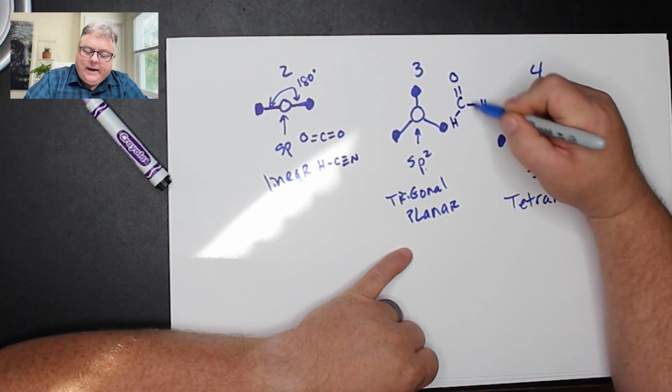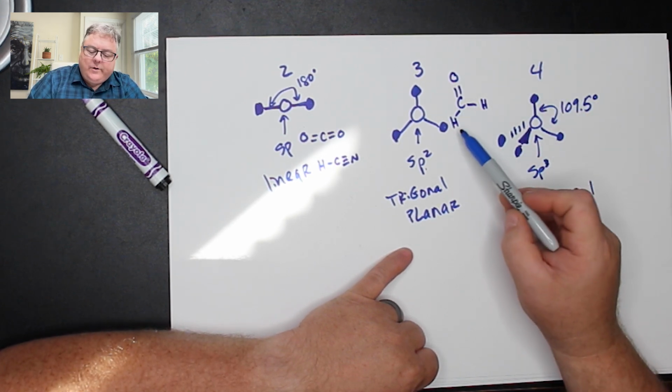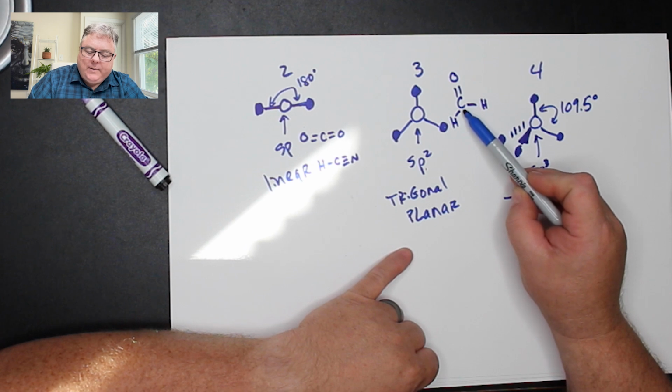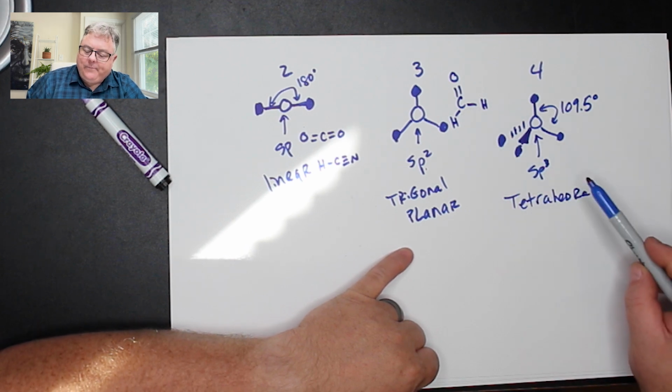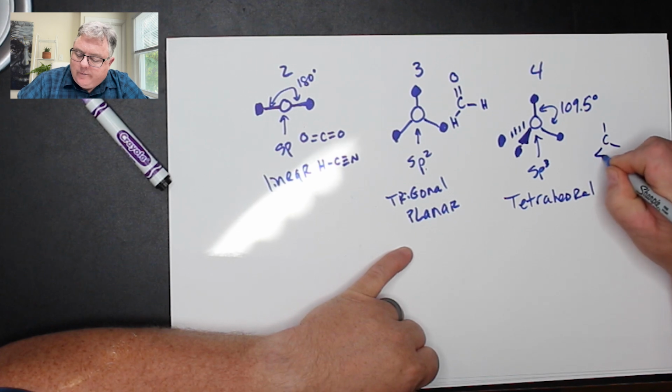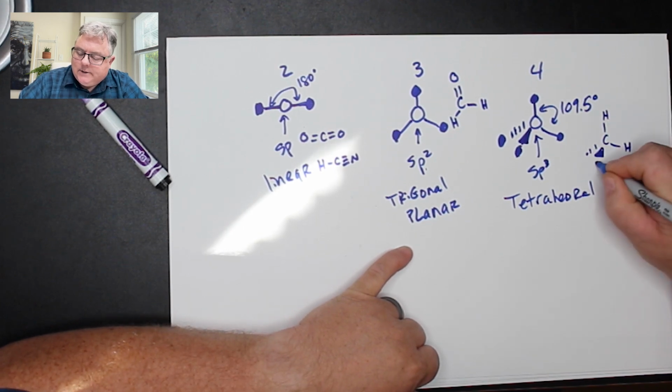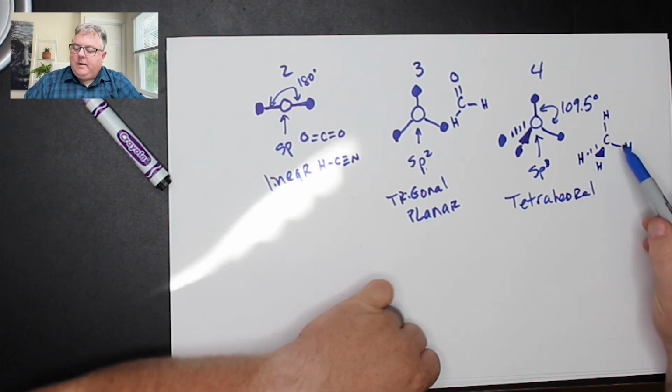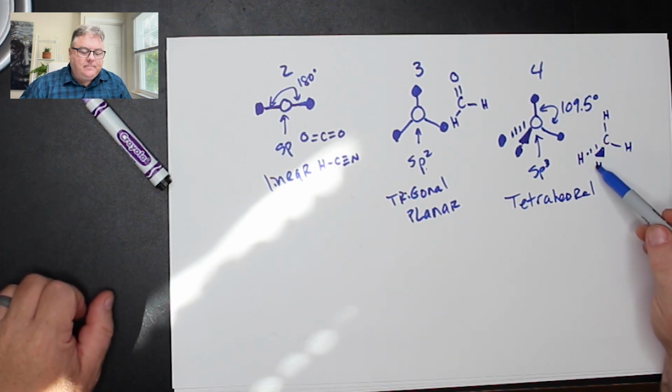So 120 degrees away from each other, three things on this carbon, it would be a trigonal planar carbon. And something with four on it, maybe a carbon with four different groups. Maybe they're all hydrogens, like methane, a tetrahedral kind of shape.